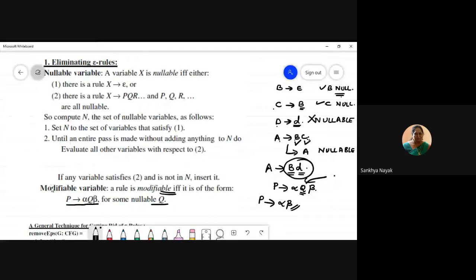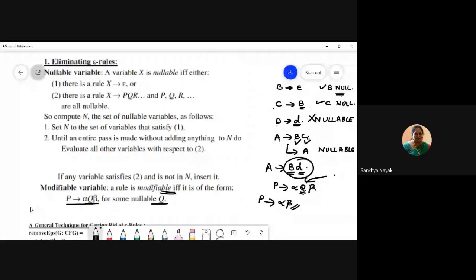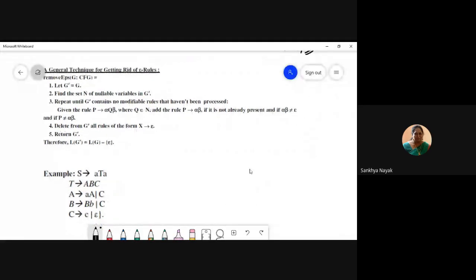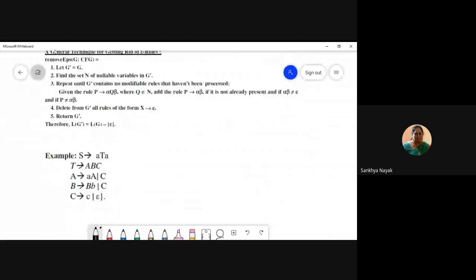Let us see one example and stop. Okay. So this is how to remove epsilon. Again, whatever was there on the top, same thing is there here. Okay. So let us just dive into the problem. Same rules. First, you can see here, find the set of nullable variables in this grammar called as G dash. Okay.